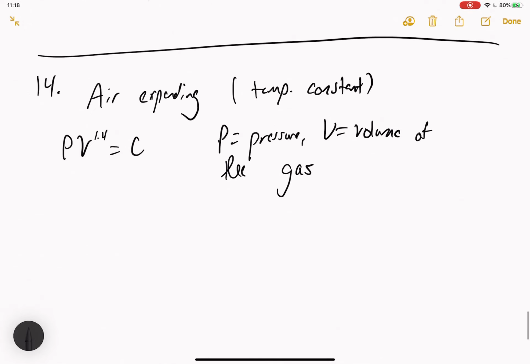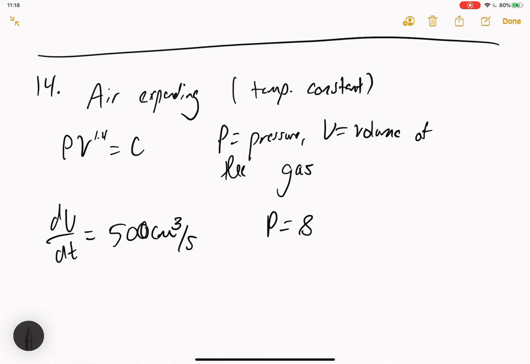And what the problem says is that suppose at a certain instant the volume is increasing at 500 centimeters cubed, per second, I guess.